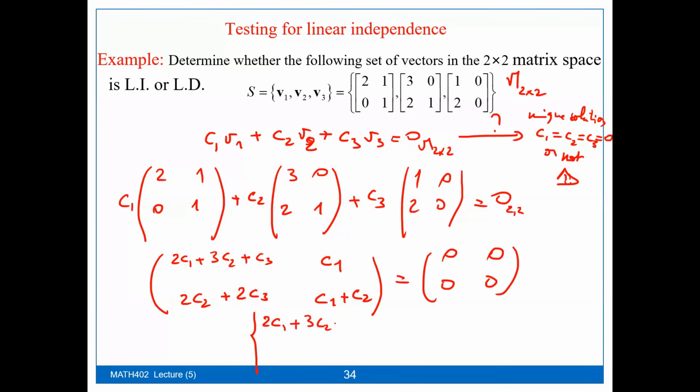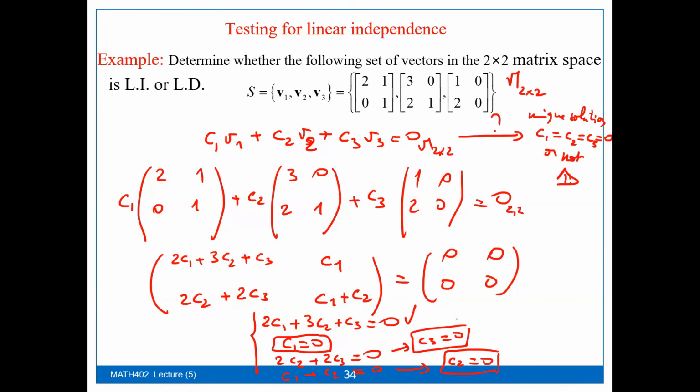2C1 plus 3C2 plus C3 equals 0. C1 is 0, this is given. 2C2 plus 2C3 is 0. And C1 plus C2 is 0. So from the second equation, also C2 is 0. And then from the third equation, C3 is 0. And the first equation, 0 plus 0 plus 0 is 0, is satisfied.